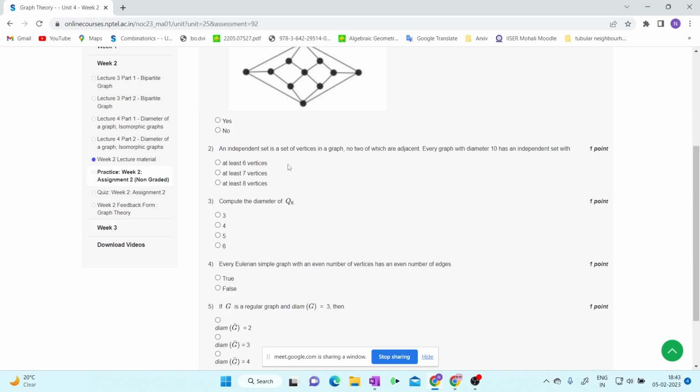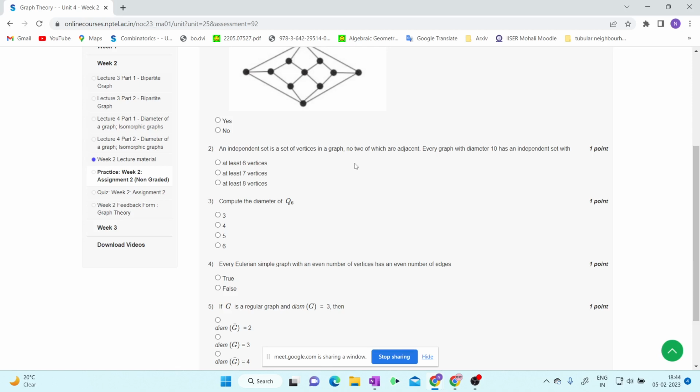By independent set you mean a subset of vertices, suppose v1, v2, ..., vk, where no two of those vertices are connected by an edge.